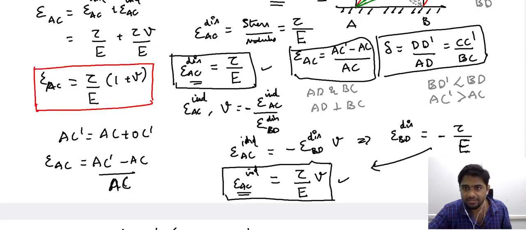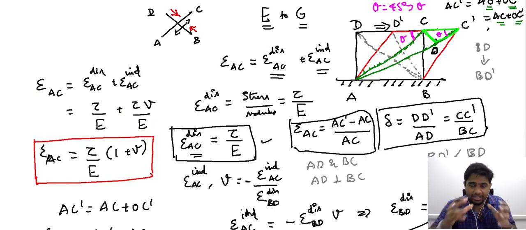So in order to express this OC prime in a different way, we have considered this right angle triangle, and the cos theta of one of its angles. This angle is 45 degrees because we are operating within the elastic limit, so the distortion is not much. Whatever angle we find here will be equal to the angle that we find here.